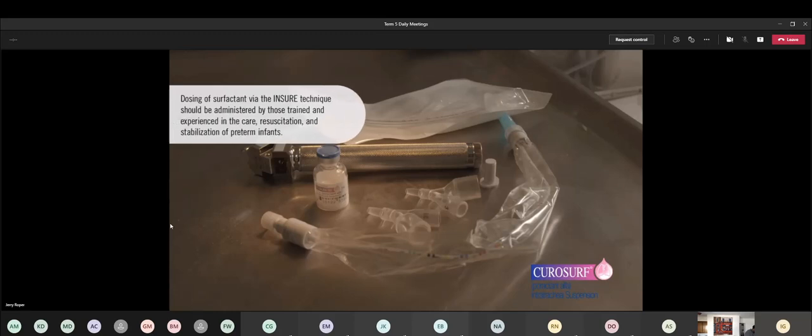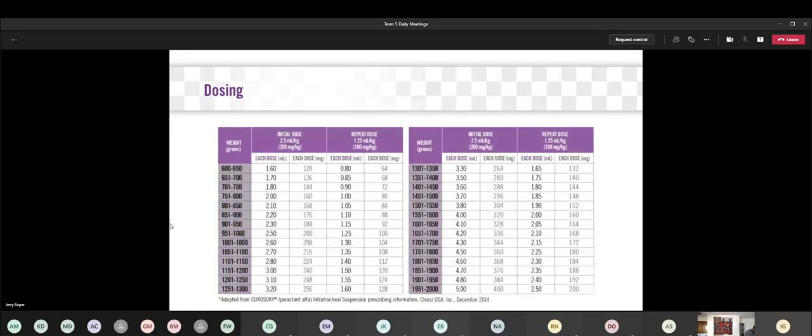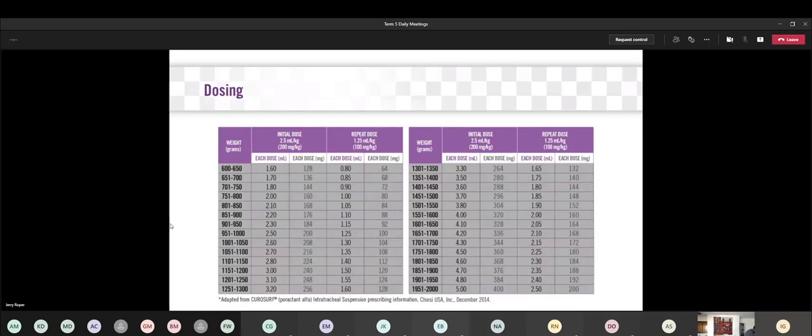The following is a step-by-step demonstration for administering a rescue dose of CuraSurf in conjunction with the INSURE technique. CuraSurf should be dosed and administered in accordance with the full prescribing information. The dosing of CuraSurf is based on birth weight and differs between initial dose and repeat dose.